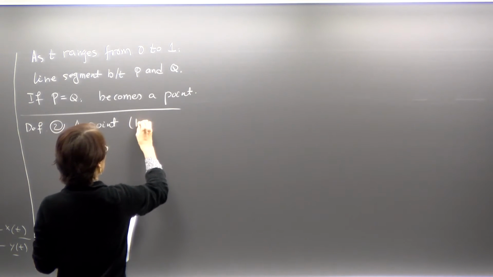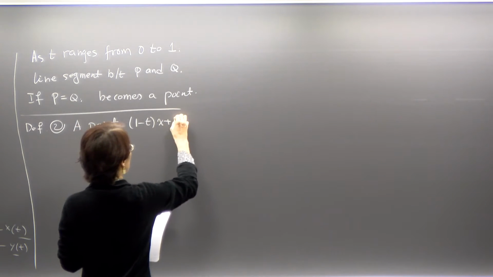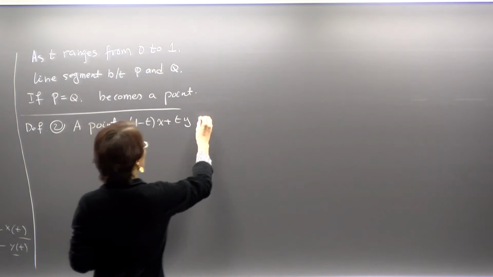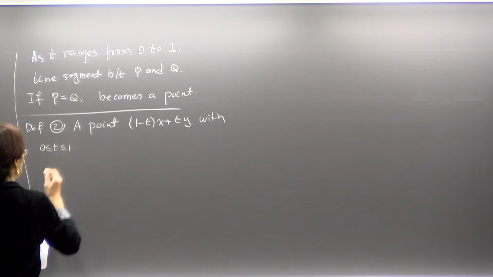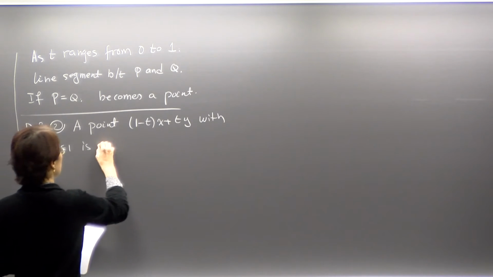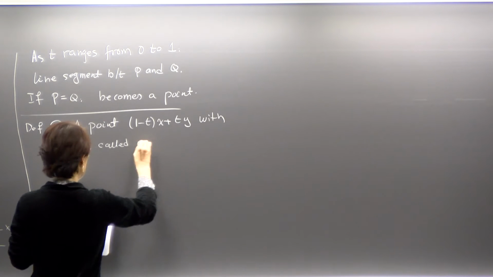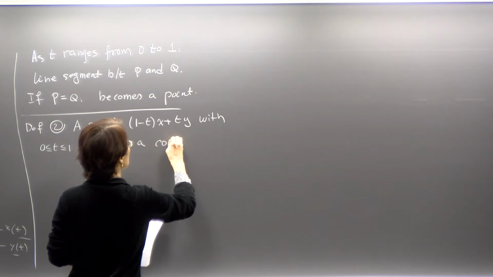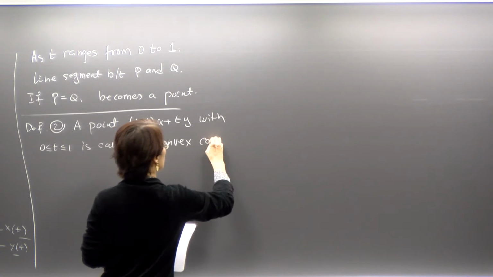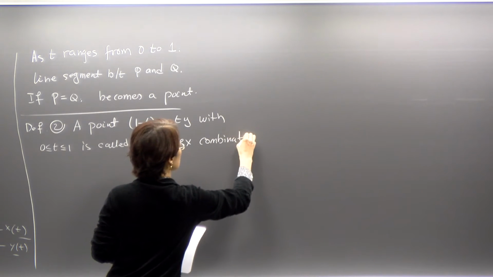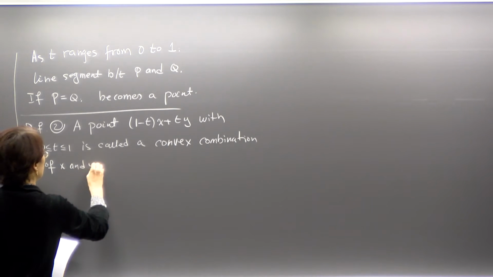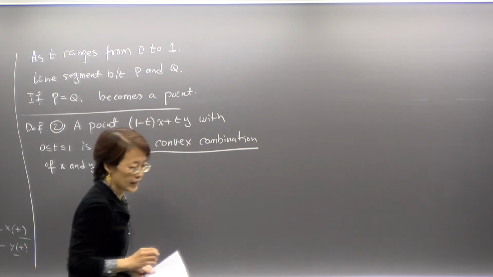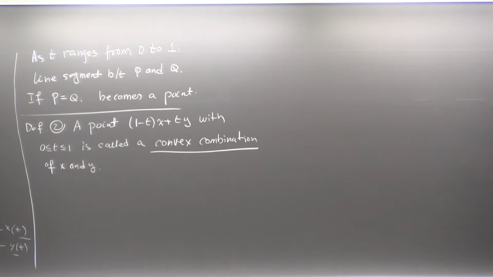A point (1 minus t)x plus ty, with t specifically between 0 and 1, is called a convex combination of x and y. So that's what I'm defining. This is a special way of performing a linear combination of x and y.